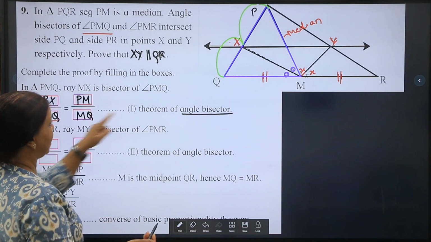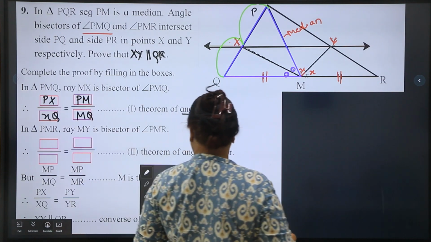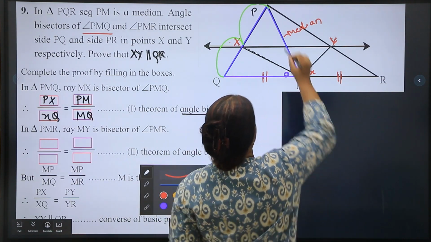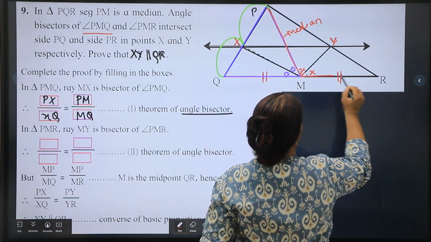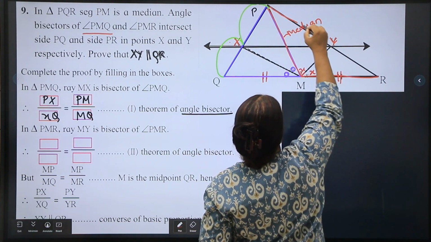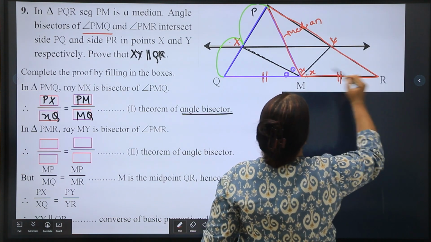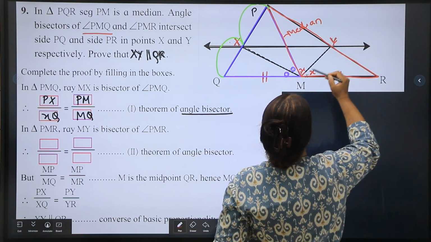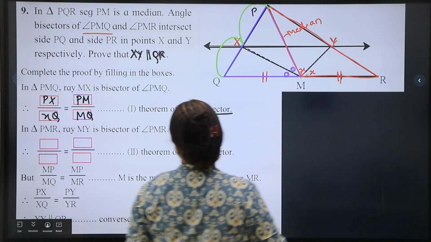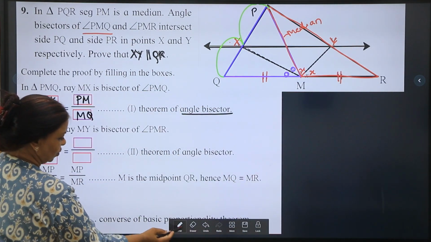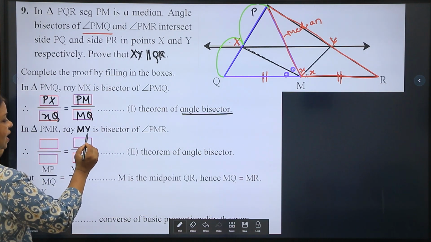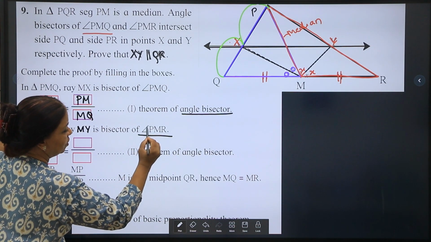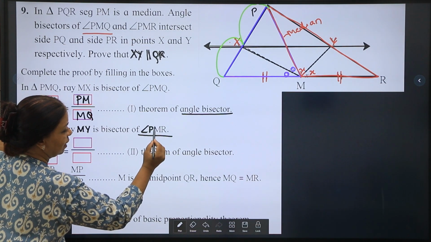Now in the other triangle, this triangle, that is PMR, which I am tracing with red, MY is the angle bisector. It is mentioned here MY is the angle bisector of angle PMR.